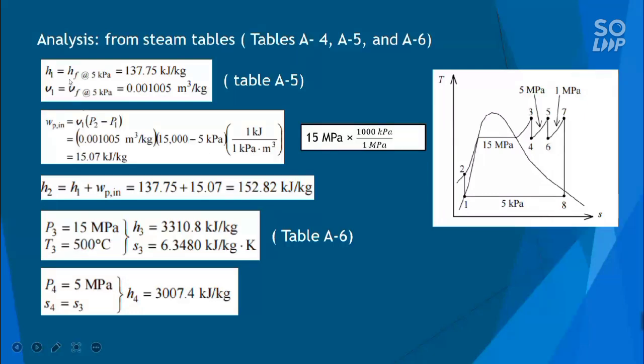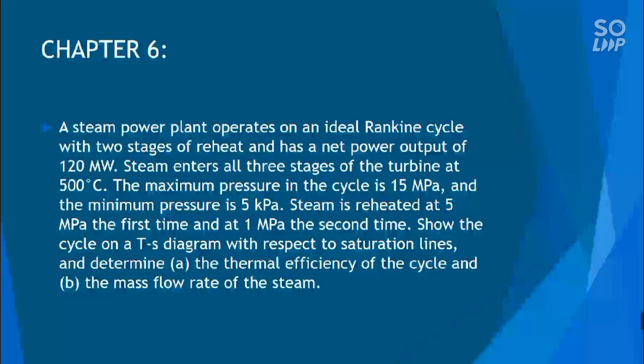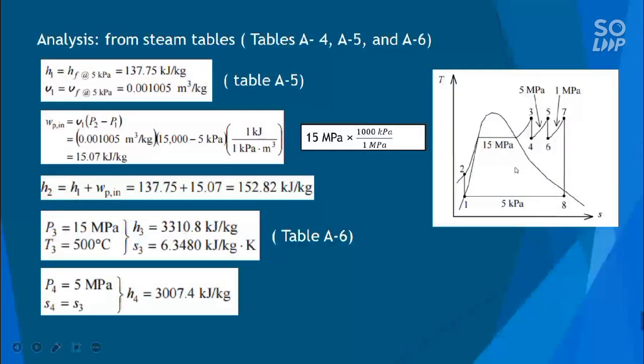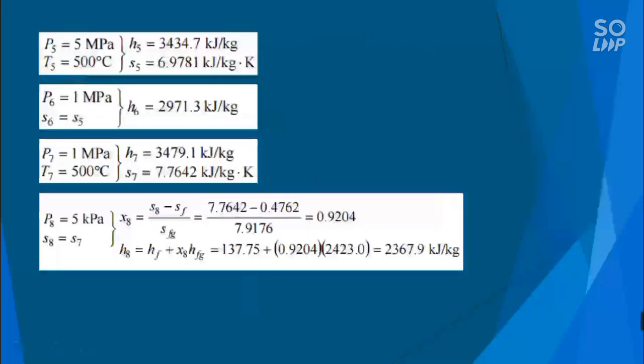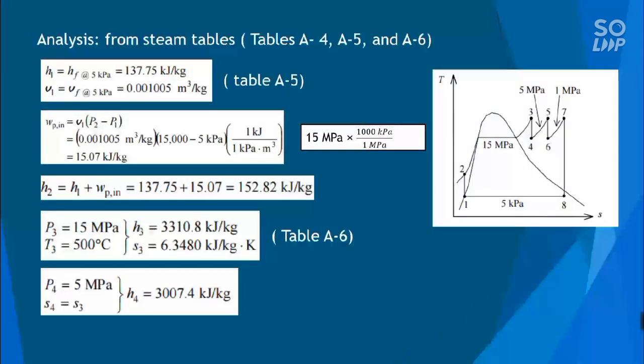So in our analysis, these values can be seen from the steam property tables, which can be found in tables A-4, A-5, and A-6. So this is our TS diagram, and here from our steam property table, we have the enthalpy for the saturated liquid at 5 kilopascal.